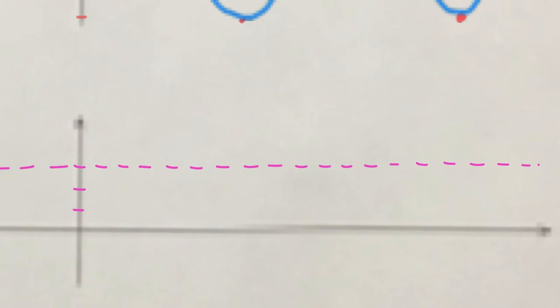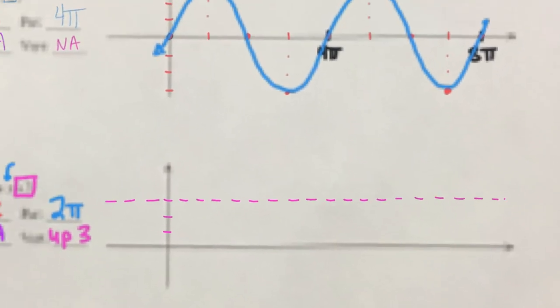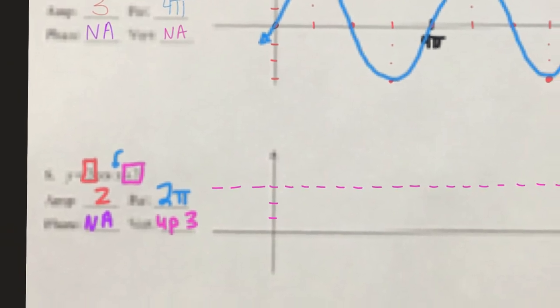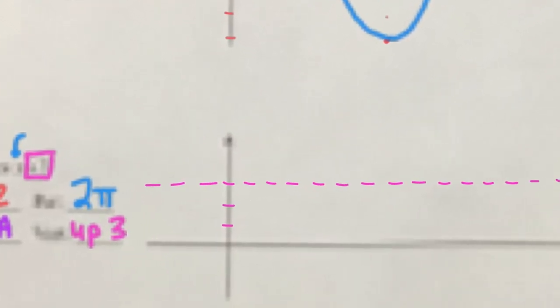Do your best to make it go parallel to your given graphed line on your piece of paper. It may or may not be parallel, but at least it's there letting me know that that is your midline. Because all of these other points, your amplitudes, your zeros, all of that is based upon your midline.